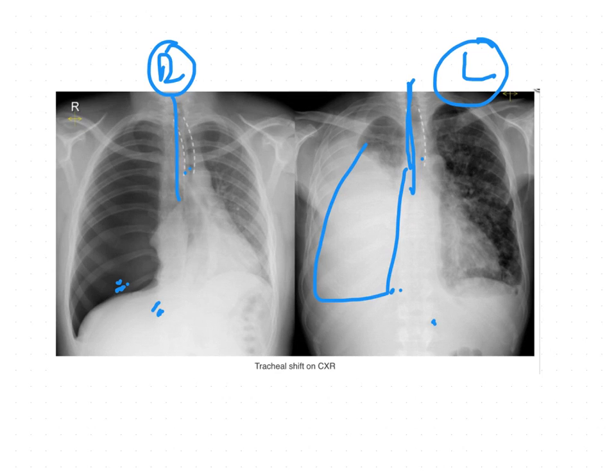So these are the two conditions where you can see the tracheal shift. There are many conditions which cause tracheal shift, on the left side as well as the right side, according to the condition and the structures affected. This is also called the mediastinal shift.